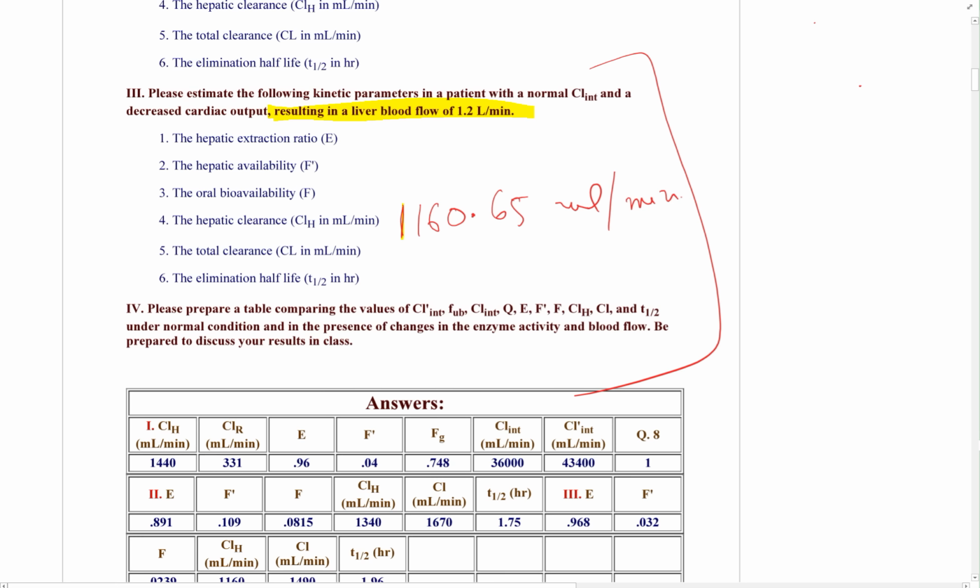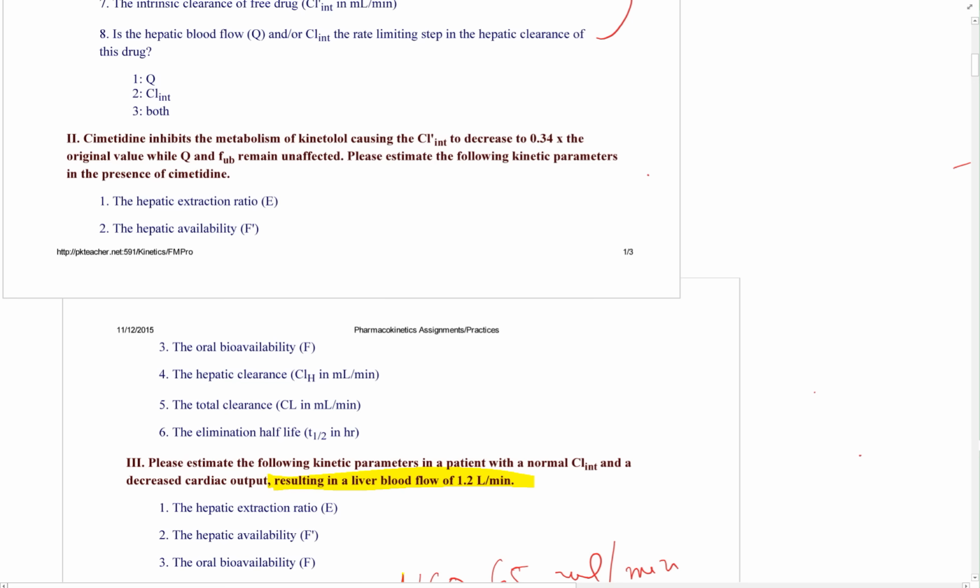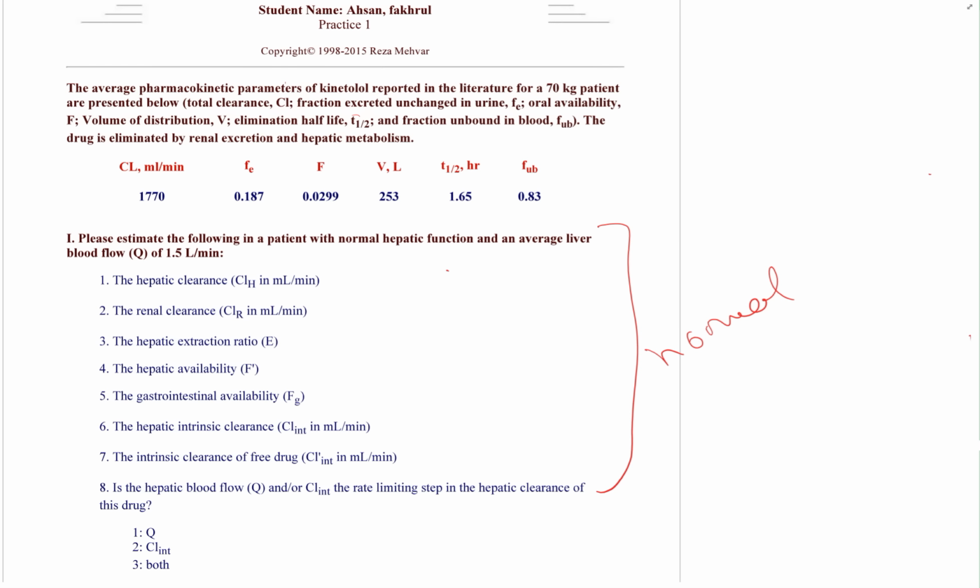If you go back to question number 1, our hepatic clearance was 1439.01. This was our normal individual hepatic clearance.